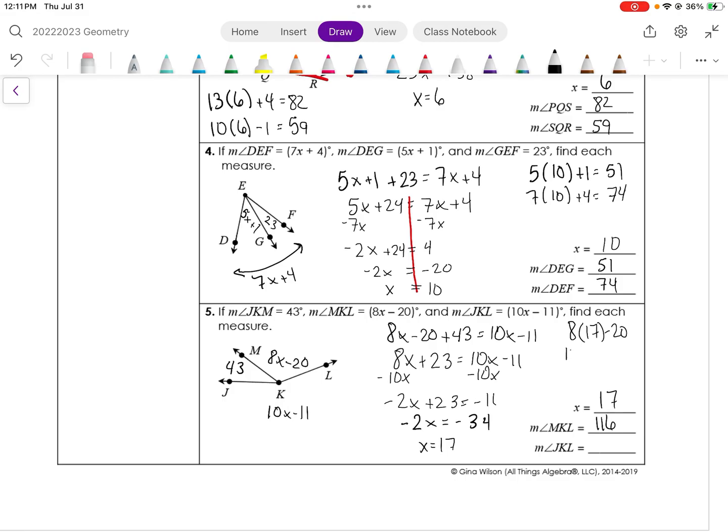And then the other angle, JKL, was 10 times x minus 11. So 159 is the whole thing. And you could double check your answer there. So JKL is the whole thing. So if you took 159 minus the 116, it should give you that other part, which is 43. So I just checked my answer. I know I'm right. We're good.